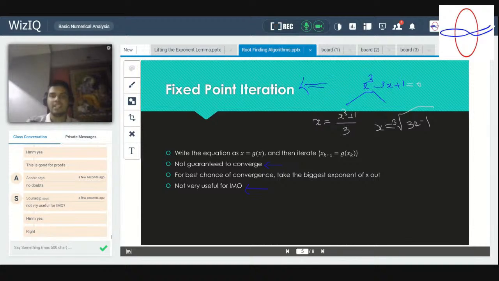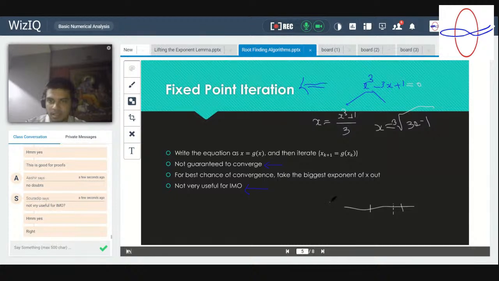Now, what we're doing then is we are trying to iteratively keep using this formula. So we'll start with a number, let's say x equal to 1. Then we put that into this formula to find a new x, put that again into this formula to find a new x, and so on. So what we ideally want is that if this is the root and we started out here, the next one reaches somewhere here, taking the mod of the value.